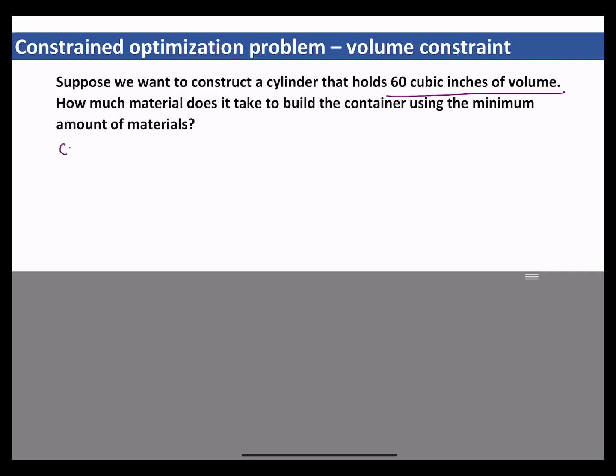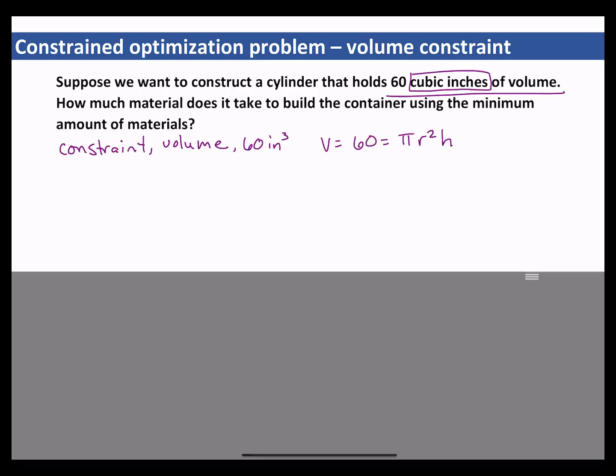So our constraint is volume, right? We're told volume, but also these units, cubic inches, are a huge indicator that we have volume. So 60 cubic inches, and we know with a cylinder, the volume, which is going to equal 60, equals pi r squared times h.